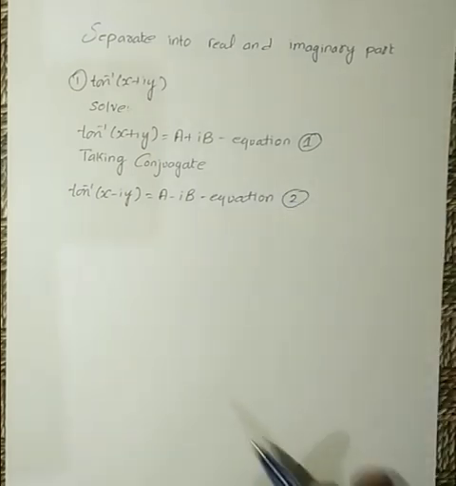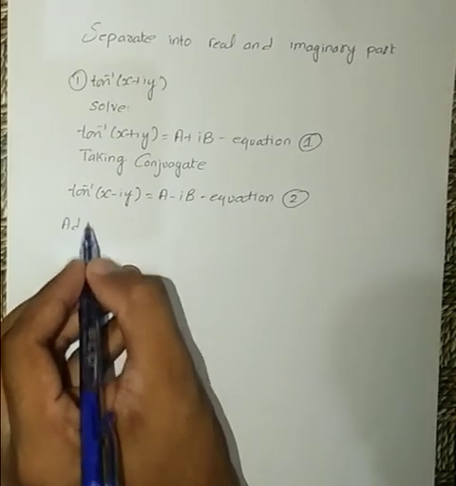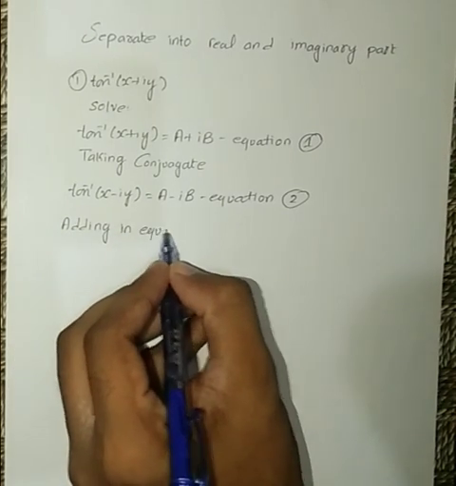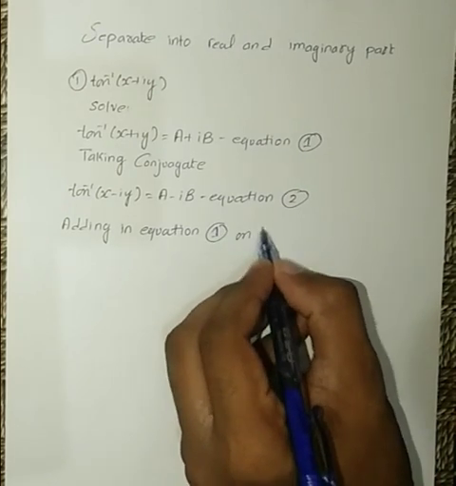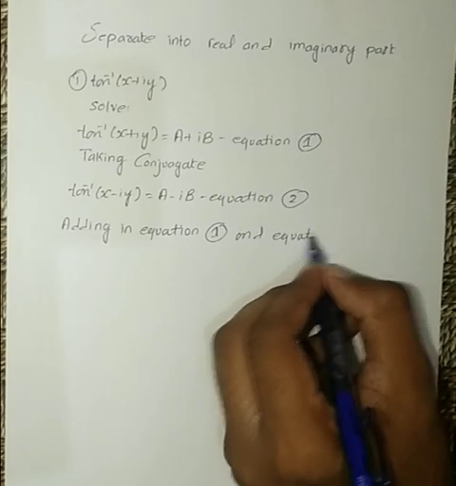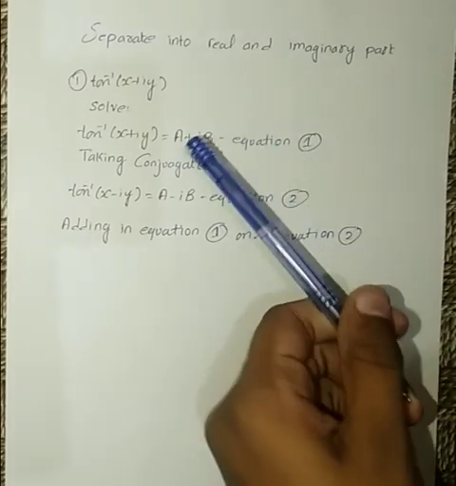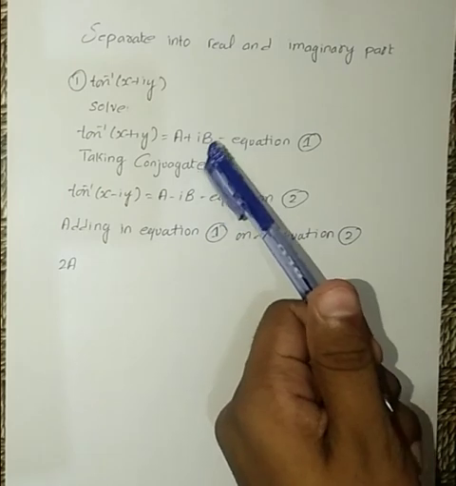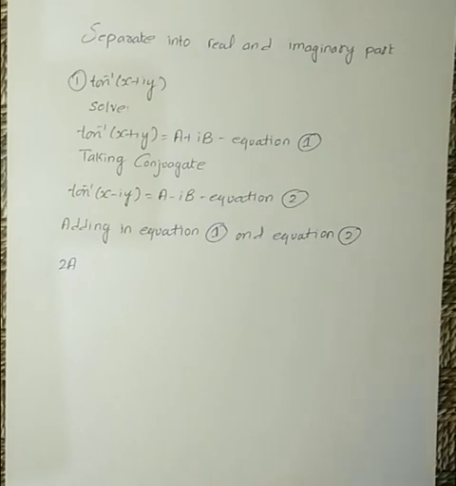So I am adding equation number 1 and equation number 2. Adding, a plus a equals 2a, and in the first equation the iota part has a positive sign and in the second a negative sign, so it cancels.